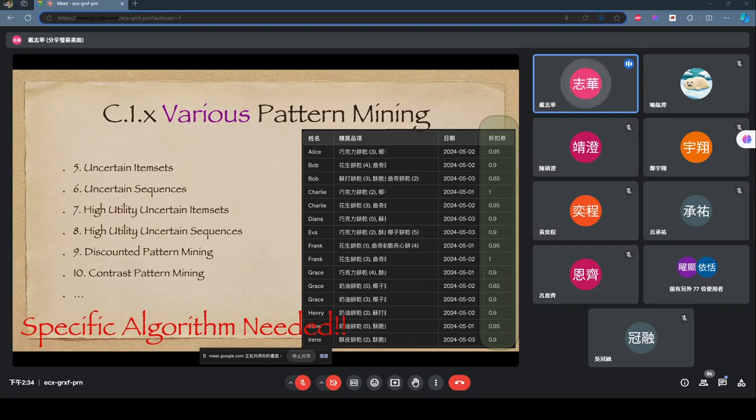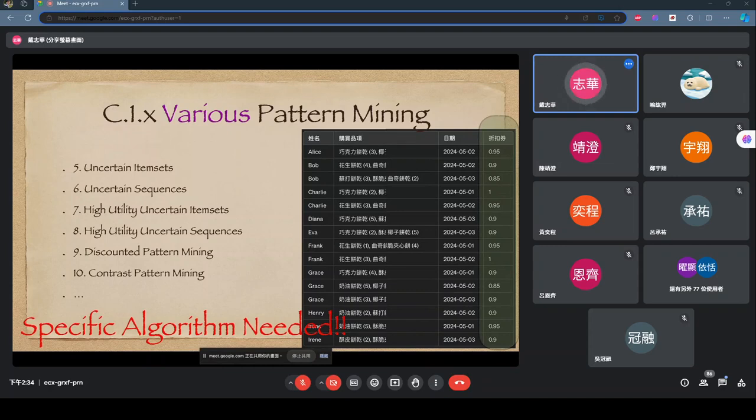If you deal with uncertain item sets, you need an uncertain item set mining algorithm. So for different patterns, you need different algorithms. And this is very challenging for most people who are not in the data mining domain.